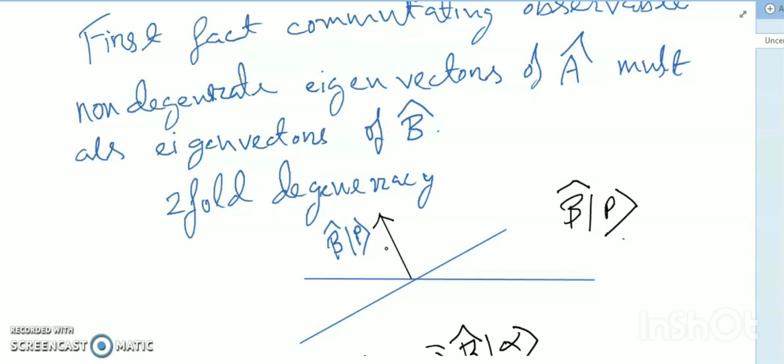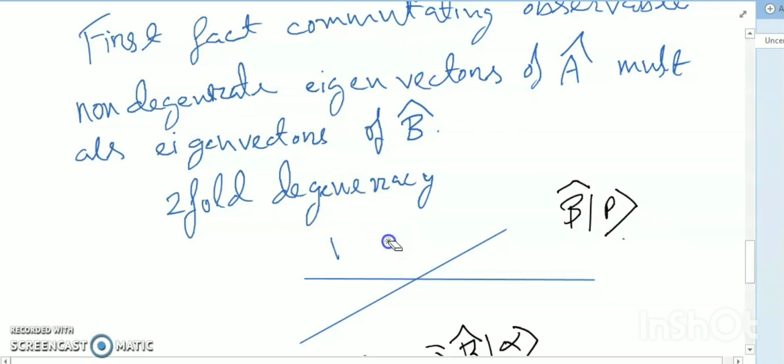Well, let's take some general eigenvector of B called beta, which, without loss of generality, is neither in the eigenspace nor perpendicular to it. So I change my diagram.